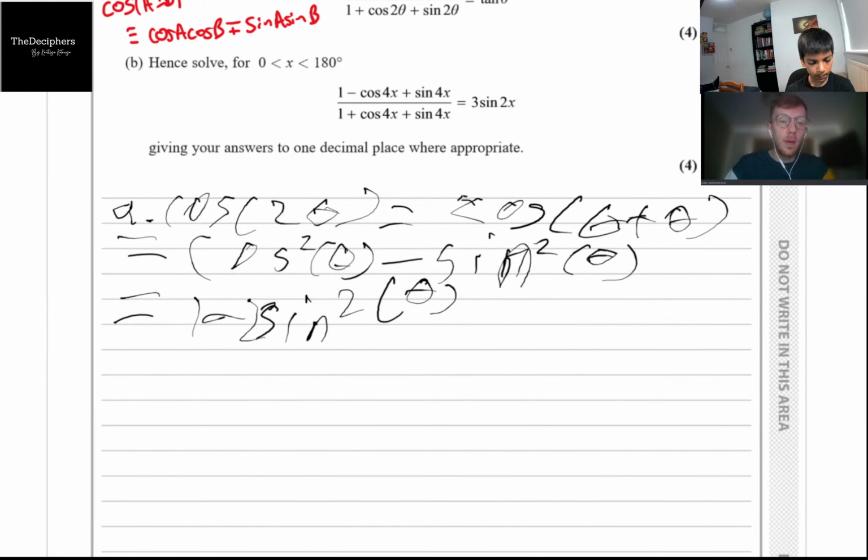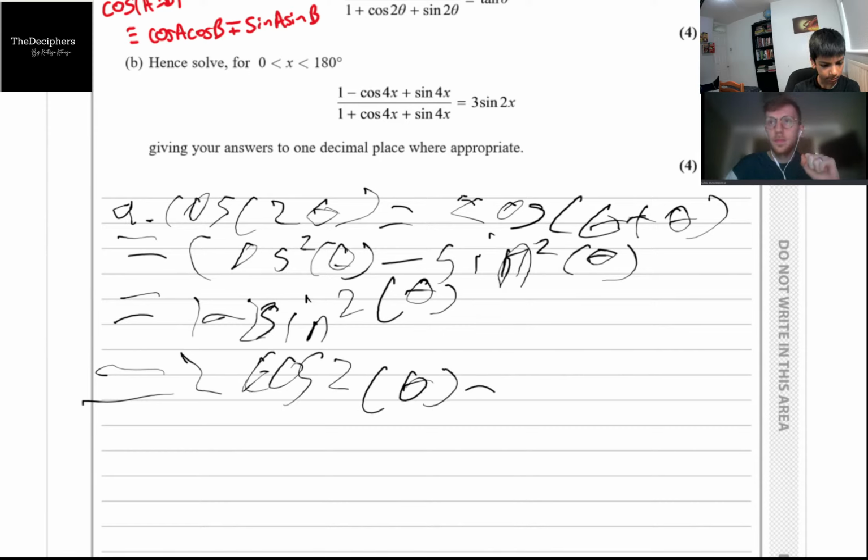And there is another form as well, which we might not use, but let's write it down anyway. Do you remember what it is? 2 cos squared minus 1 is 2 cos squared of theta minus 1.